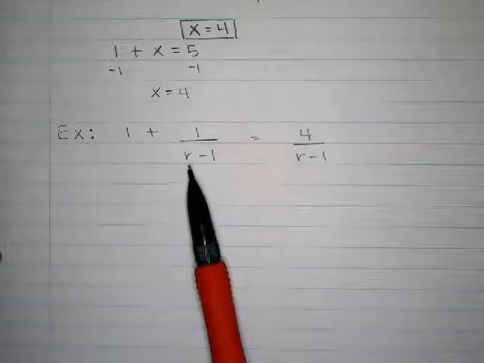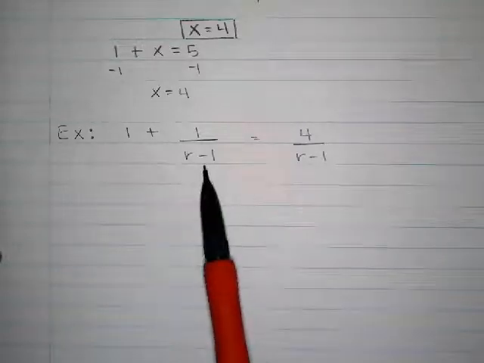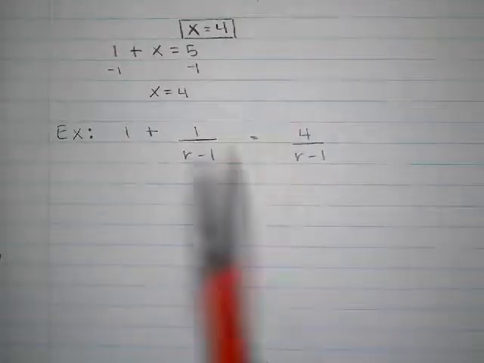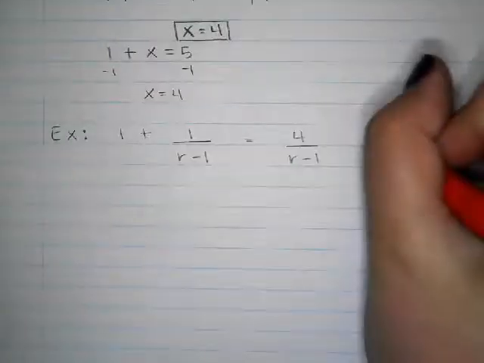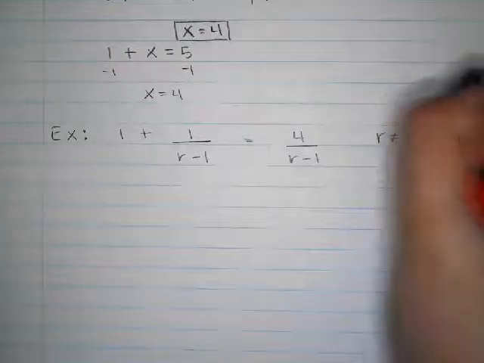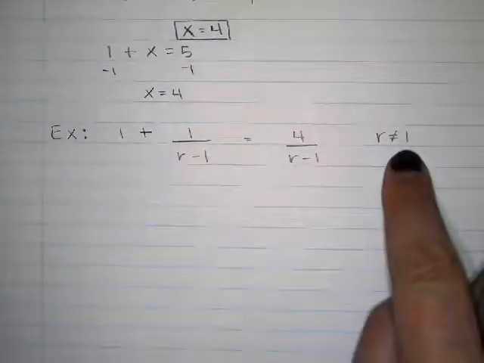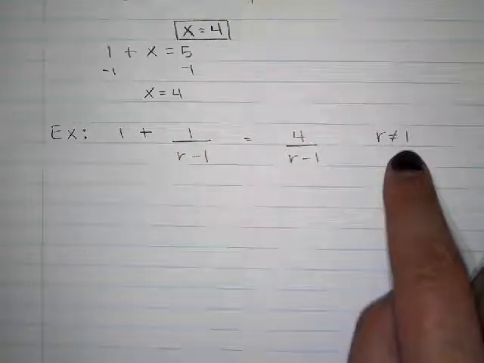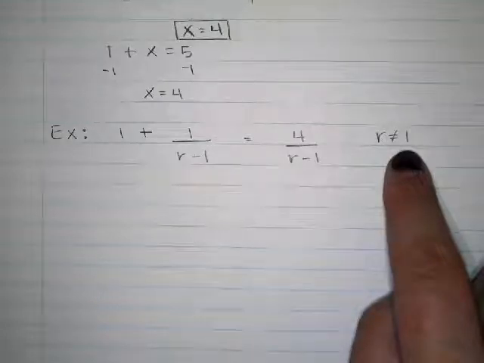So if we look at this, can anyone tell what the excluded value is for this problem? Positive 1. So we're going to say any answer is okay for this problem as long as it's not positive 1. So we can have 5, we can have 7.2, we can have negative pi, we can have negative root 3 over 7. We can have literally any answer in the world you could possibly think of, but if we have 1, it's a no-go.